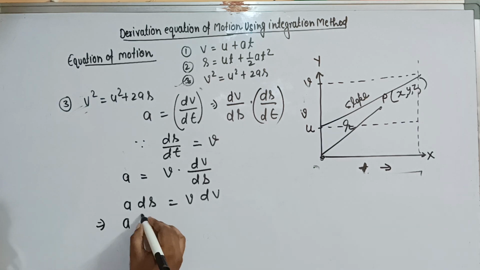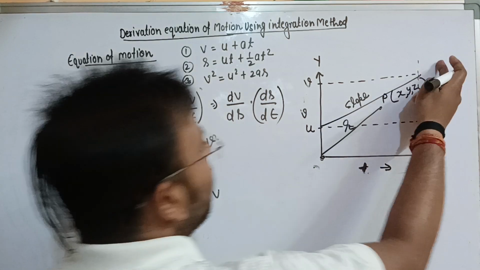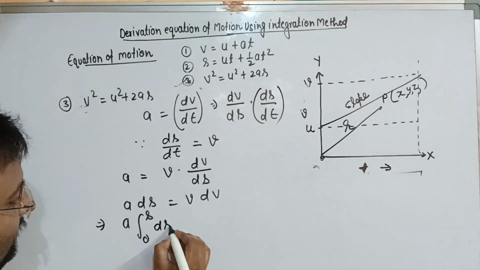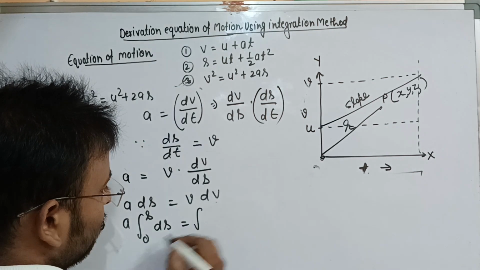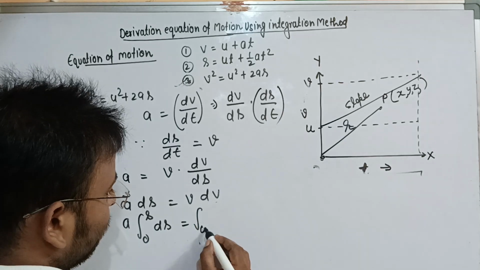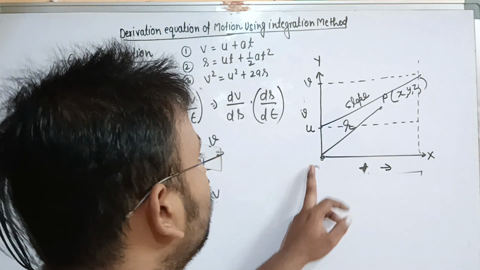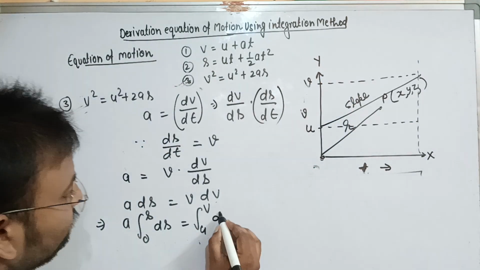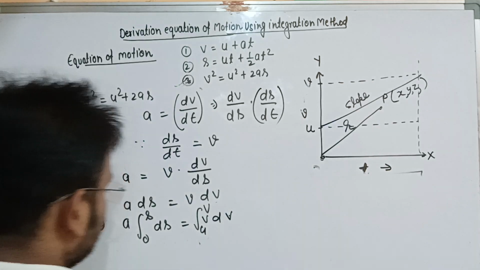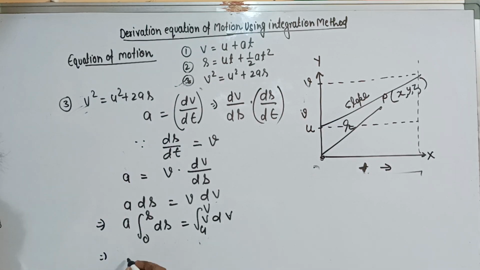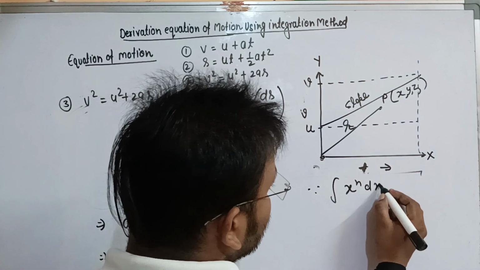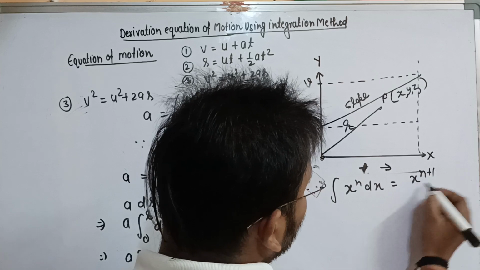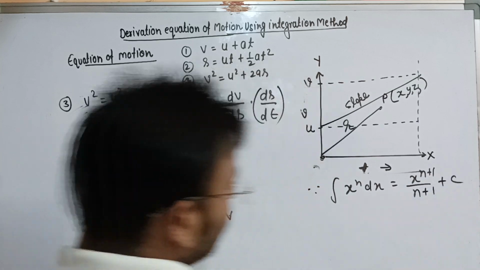Applying the limit 0 to s for ds and u to v for v dv, and integrating, we use the integration of x to the power n dx is equal to x to the power n plus 1 by n plus 1 plus c.